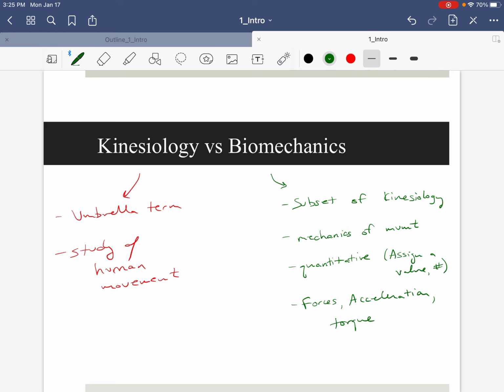So make sure you could kind of separate these out a little bit, right? We will be spending a lot of time on the biomechanics, right? And that's kind of the specific measurement of motion, more of a quantitative measurement. We assign a value to it, like force, acceleration, torque. And that's a part of the umbrella term for the study of all of human movement.